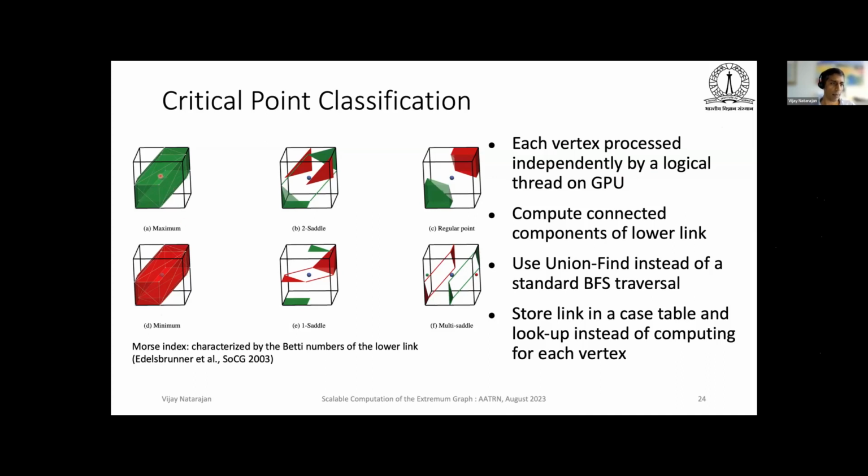So if I consider a particular vertex here, and I look at the neighboring vertices, the vertices that are adjacent to this particular vertex via edges in the input triangulation, then characterizing those vertices that are lower than the current vertex helps me classify this particular vertex as a regular or a critical vertex.